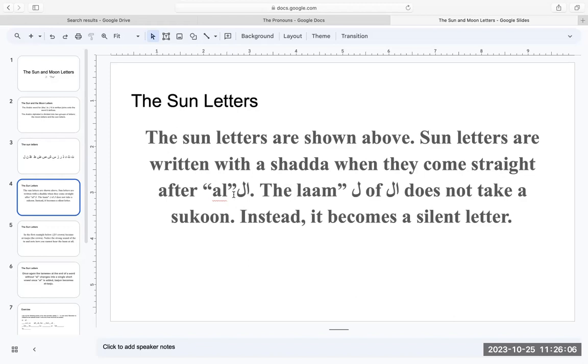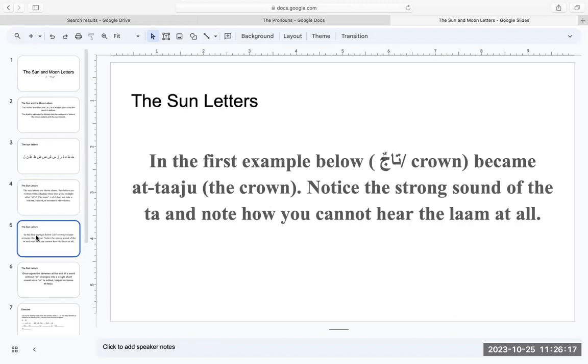The lam of alif lam does not take a sukoon. Instead, it becomes a silent letter. For example, the word tajun, which means crown, becomes at-taju. I want you to please remember this note.